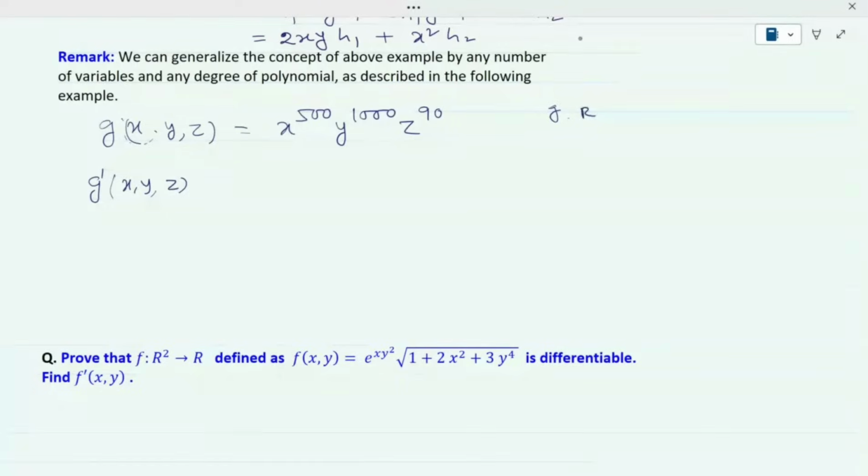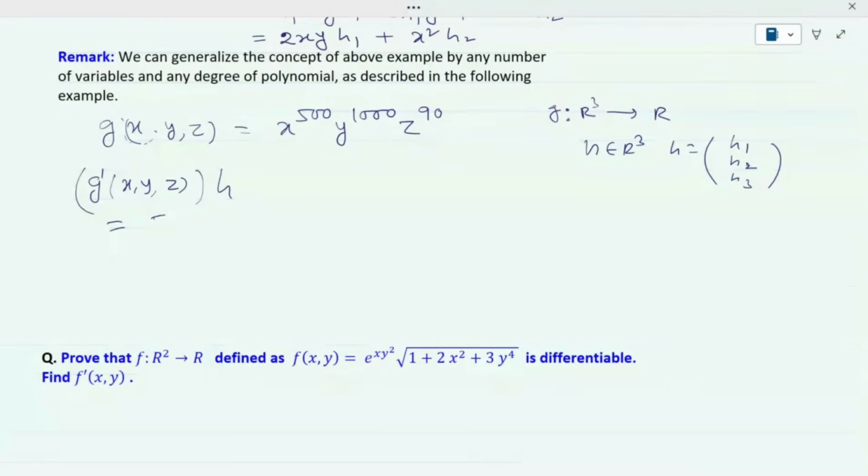So here you will see that g is from R3 to R. So therefore we can take h belongs to R3, h is equal to h1, h2, h3.